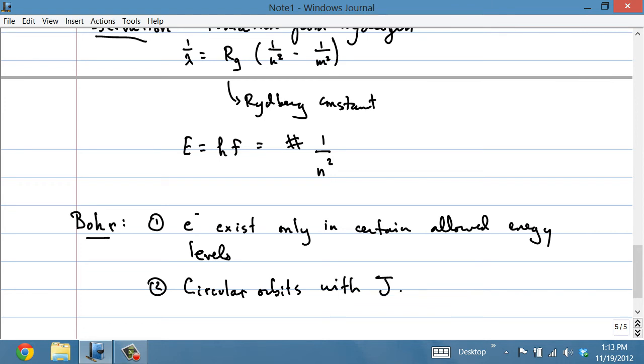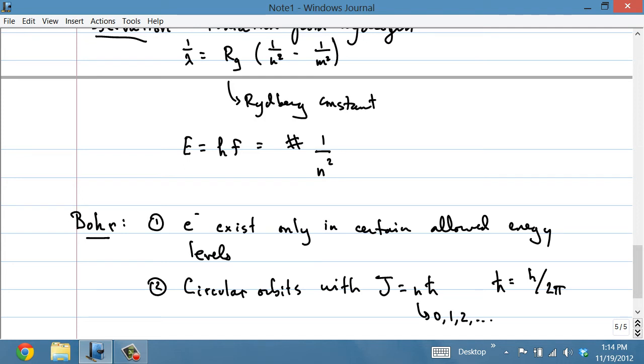but not just any circular orbit is allowed. In particular, the angular momentum of the circular orbit is quantized in units of h bar. So h bar being Planck's constant h divided by 2 pi, and n being an integer.